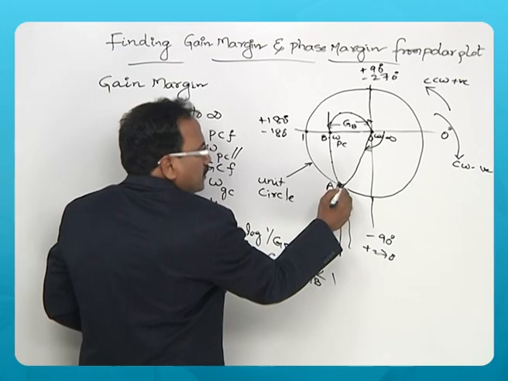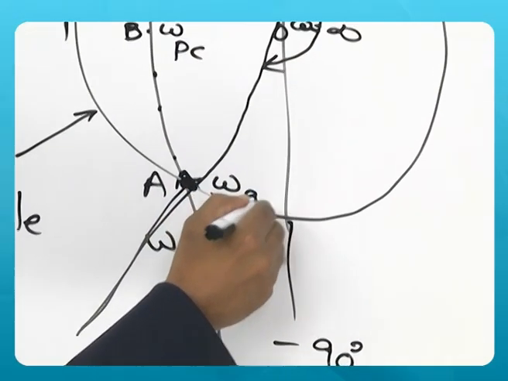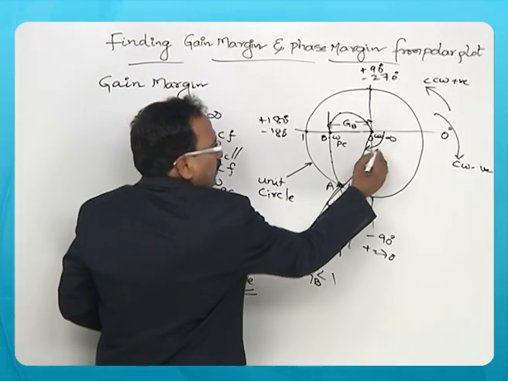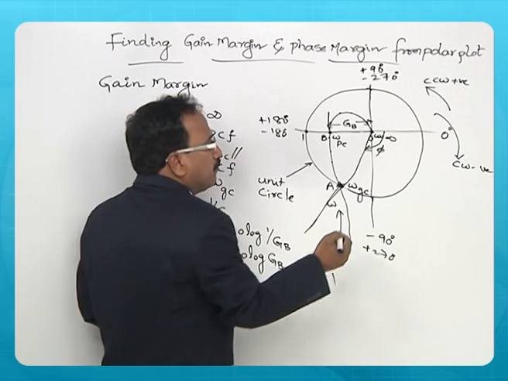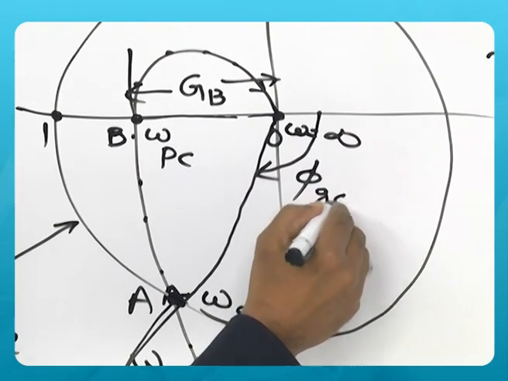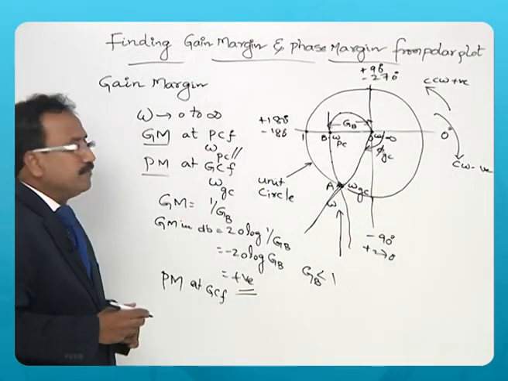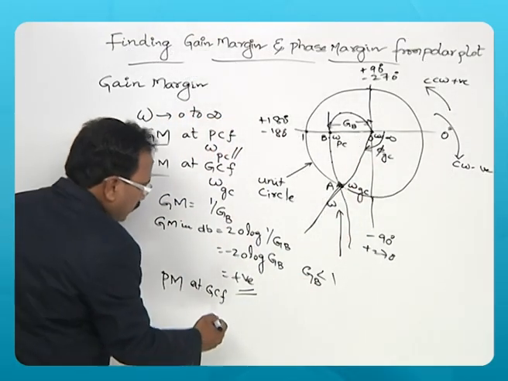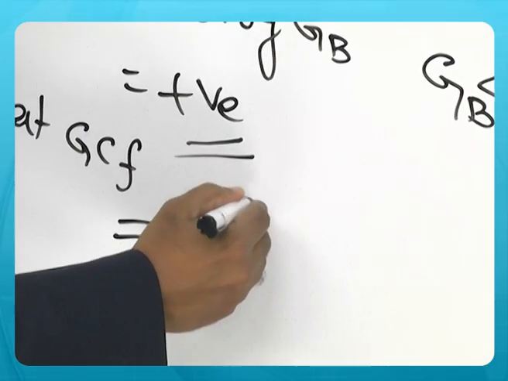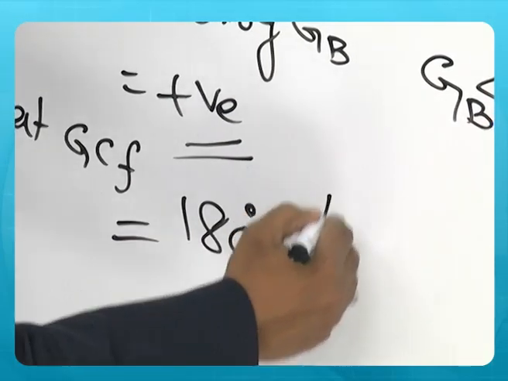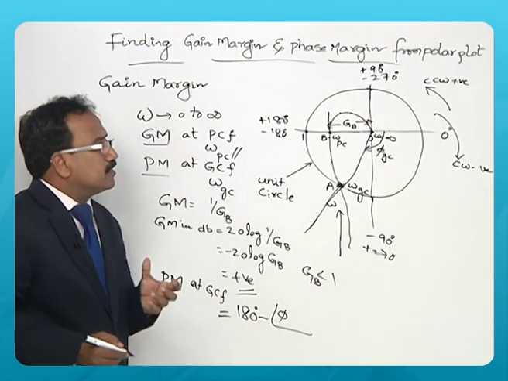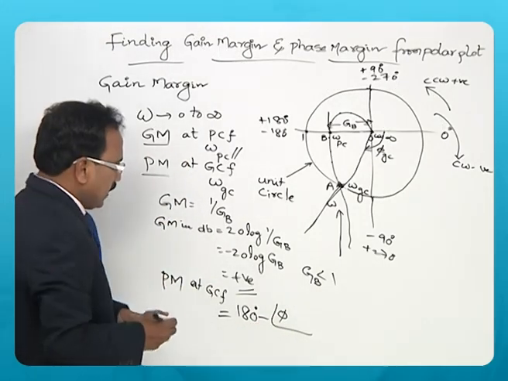The frequency at this point is known as omega GC, the gain crossover frequency. Suppose the phase angle of the function at this gain crossover is phi GC in the clockwise direction. Then the phase margin formula is 180 minus the phase angle phi, that is, the overall system phase angle.